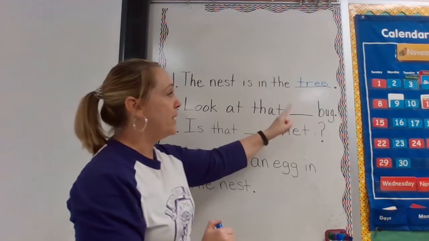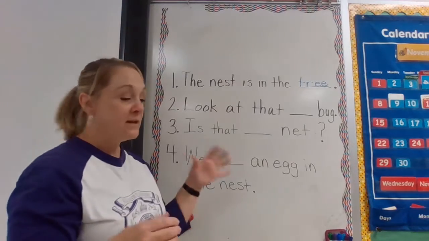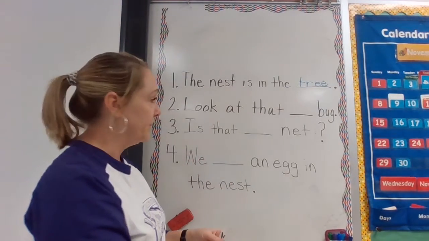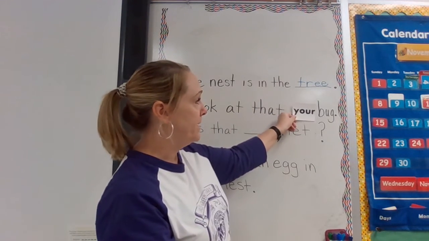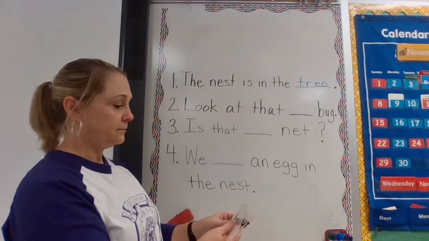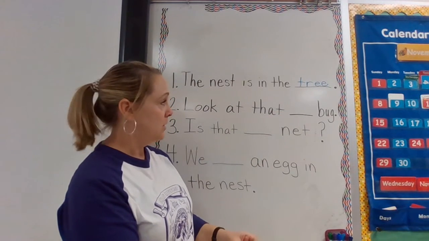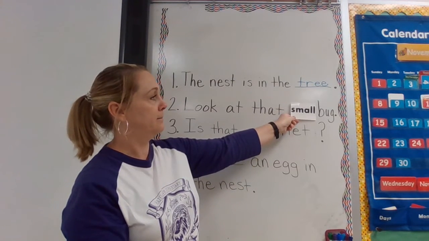Look at that blank bug. We need to put a word in the sentence that's going to describe the bug. So we have 3 words left. Look at that your bug. Look at that saw bug. Look at that small bug.